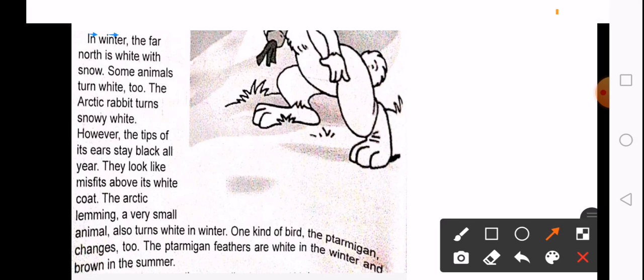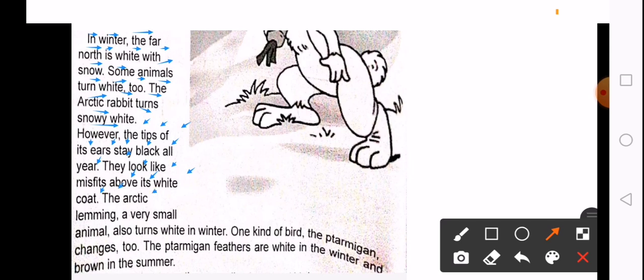In winter, the far north is white with snow. Some animals turn white too. The Arctic rabbit turns snowy white. However, the tips of its ears stay black all year. They look like misfits above its white coat.